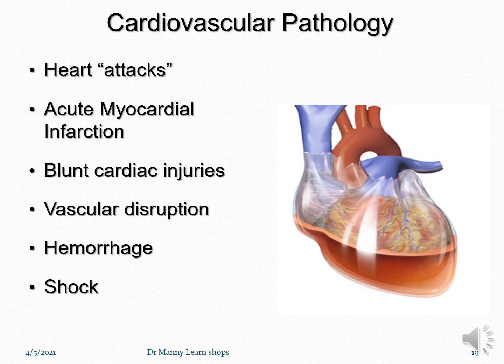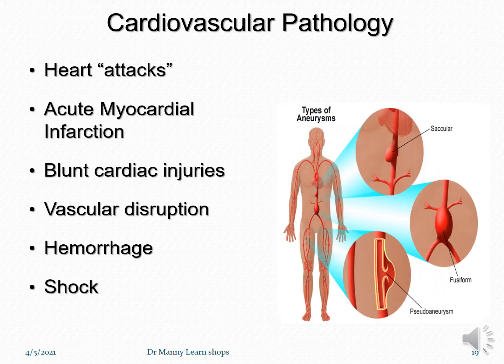This could be a tamponade or it could be an effusion, and it results in cardiac dysfunction. You can have vascular disruption as a result of an aneurysm, which can be thoracic or abdominal, and if it ruptures, you can die as a result of acute hemorrhage.